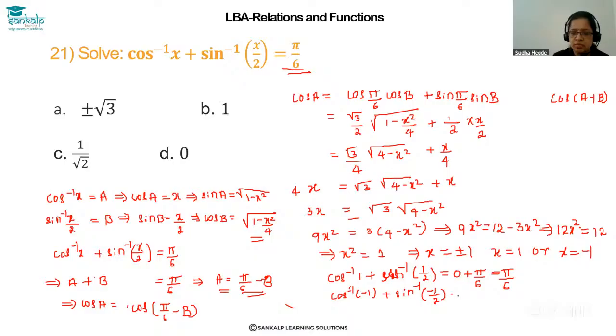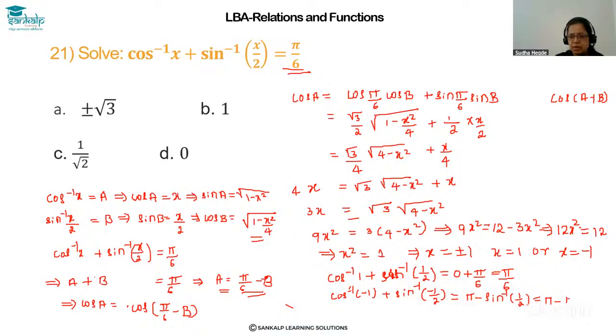Cos inverse minus 1 is pi. What is sine inverse minus 1 by 2? You can take the minus outside, so it is pi minus sine inverse 1 by 2. What is sine inverse 1 by 2?